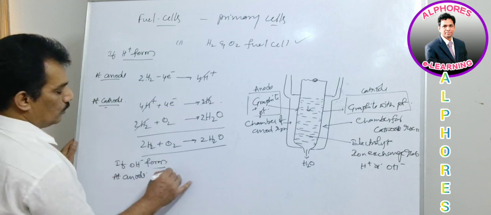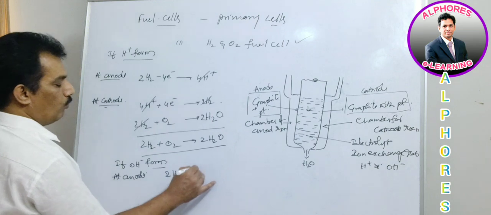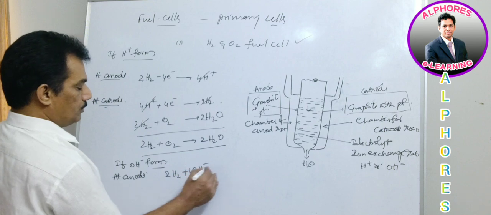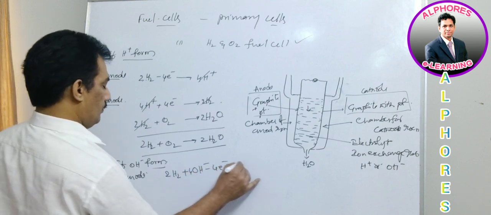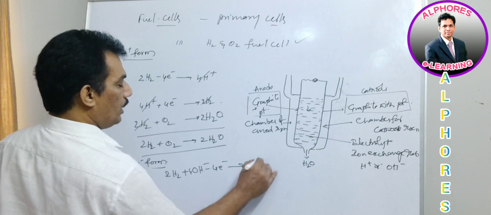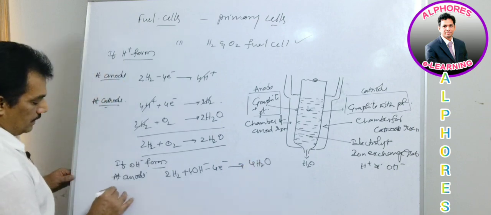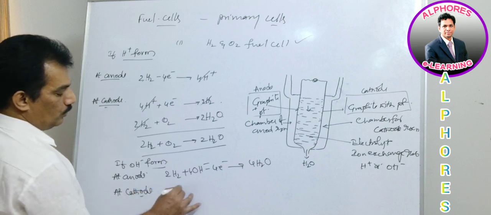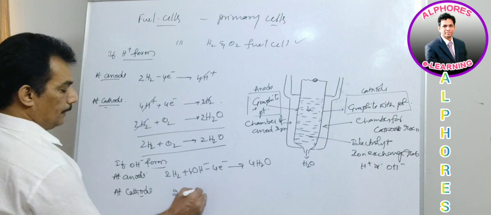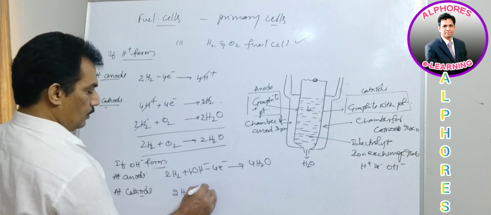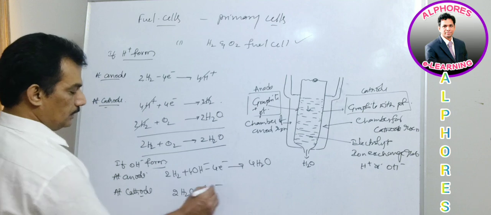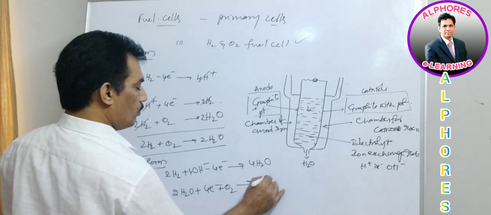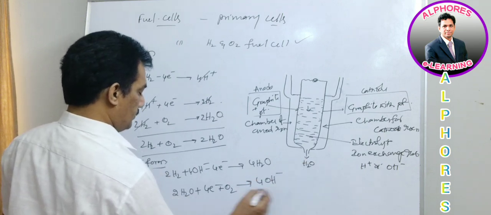And in case the OH minus ion form is there, in such a case at anode the reaction is 2H2 plus 4OH minus, by releasing 4 electrons, will convert into 4H2O. And then at cathode, 2H2O plus 4 electrons plus O2 gives 4OH minus.